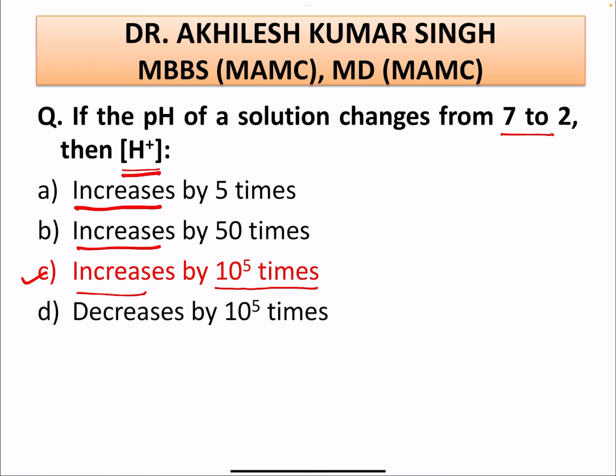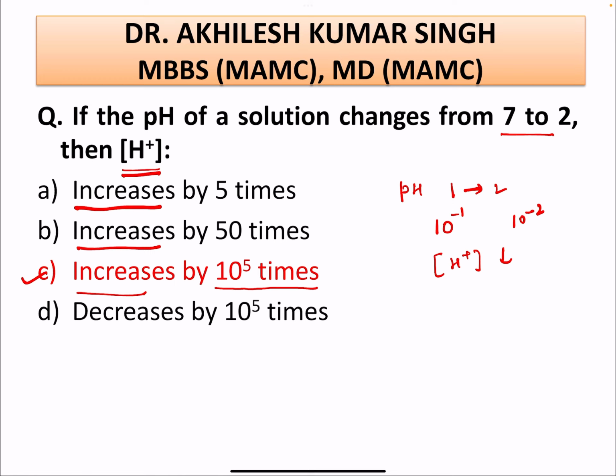So remember here, if the pH is increasing by 1, say the pH changes from 1 to 2, the concentration of hydrogen ion at 1 is 10 raised to the power minus 1, and at 2 the concentration of hydrogen ion is 10 to the power minus 2. So if the pH increases, the concentration of hydrogen ion will decrease by 10 times.